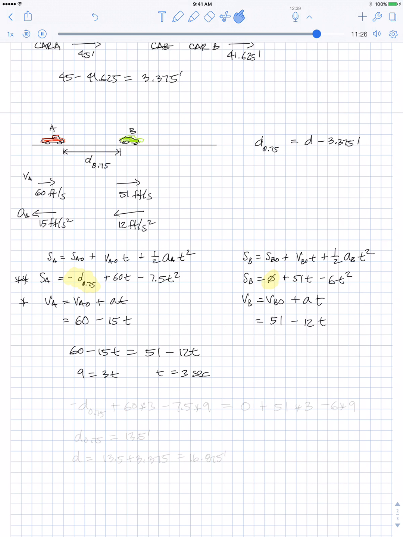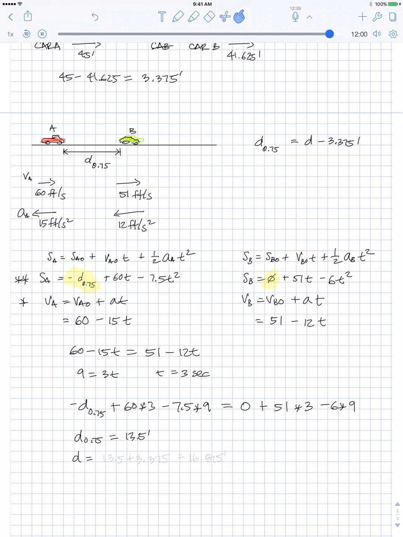And so now we can set the two displacements equal, so minus d 0.75 plus the displacement of A will equal the displacement of B. Okay, and solving for d 0.75, we get 13.5 feet.